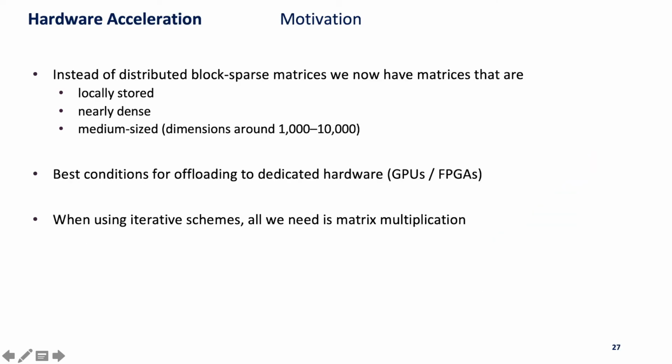Lastly, I want to briefly touch hardware acceleration, because we now don't have distributed block sparse matrices anymore, but instead operate on locally stored, nearly dense matrices in the size of a couple of thousand maybe. And these are best conditions for offloading to dedicated hardware. And if we use iterative schemes, all we need to implement is basically matrix multiplication.